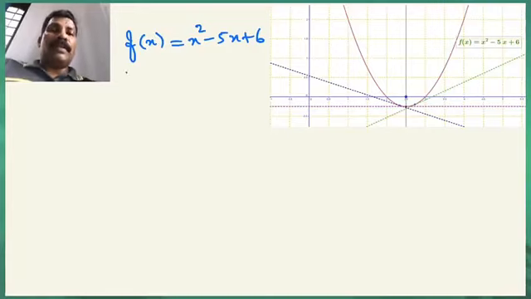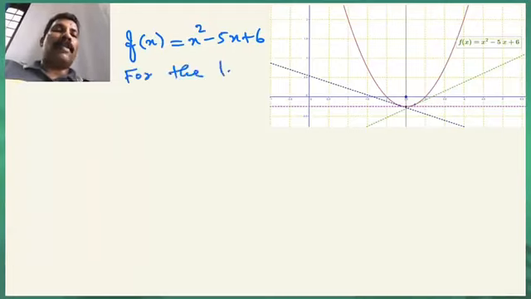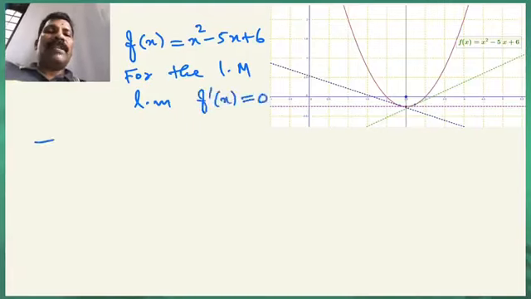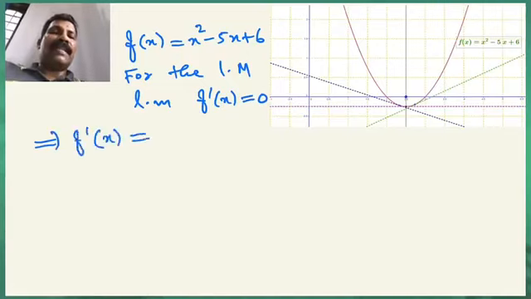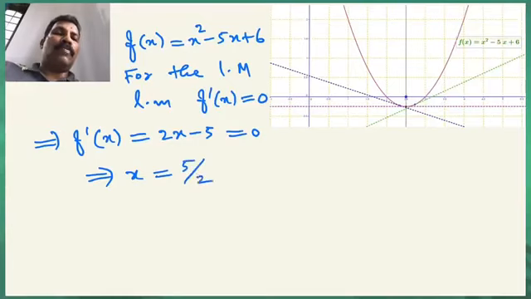Therefore, for the point of local maximum or local minimum, f dash x should be 0. What is f dash x here? 2x minus 5 must be 0, which gives you the critical point x equal to 5 by 2.